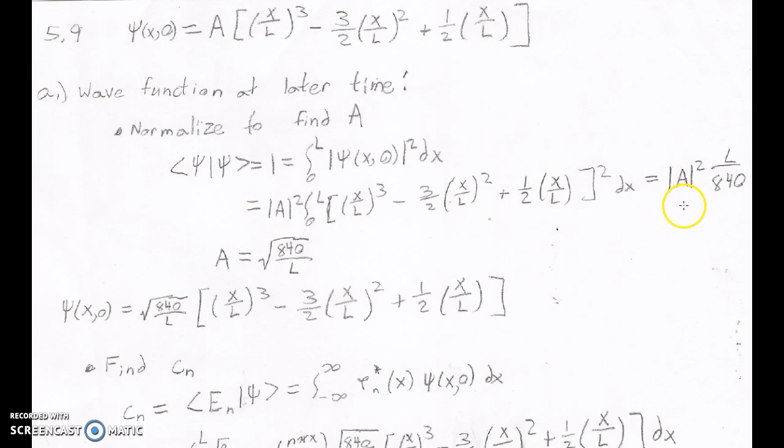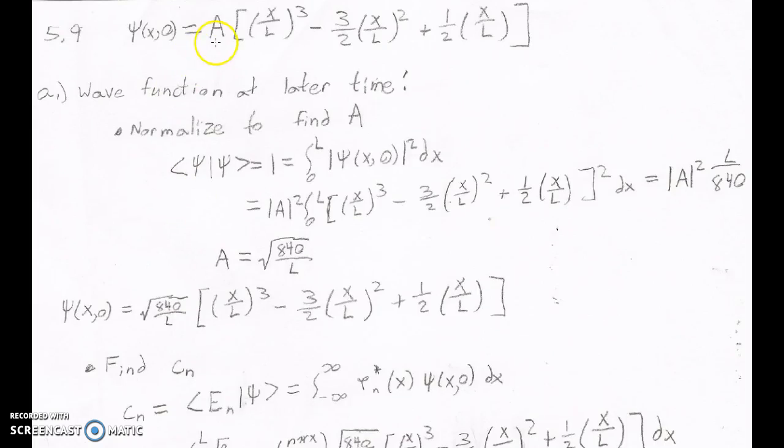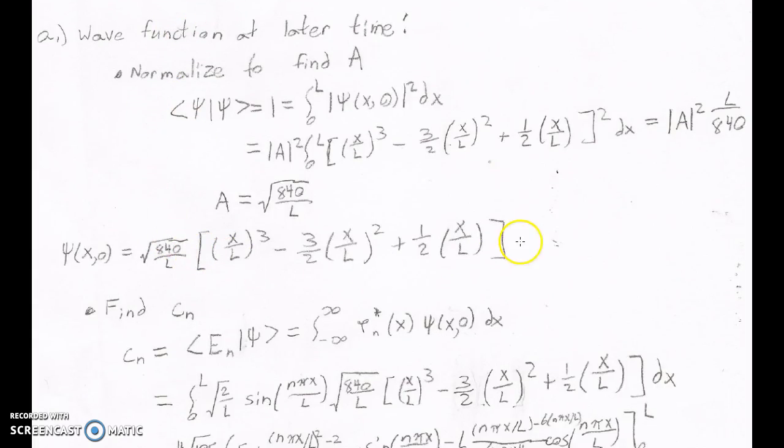That's going to give us modulus a squared times L over 840. So a equals the square root of 840 over L. Then we plug our a back up here, and now it's normalized.